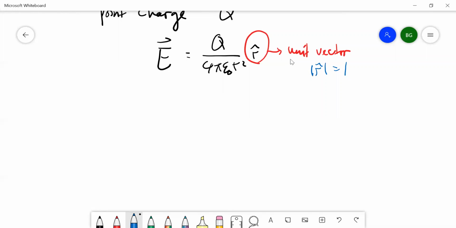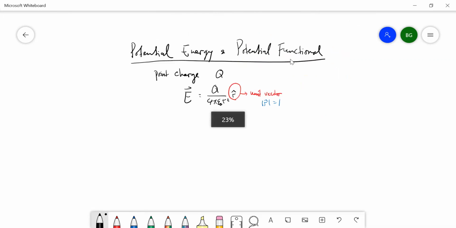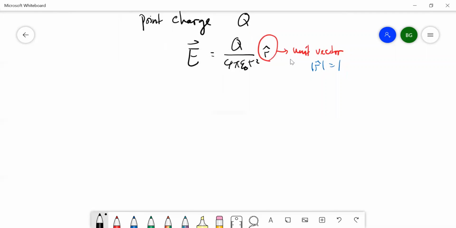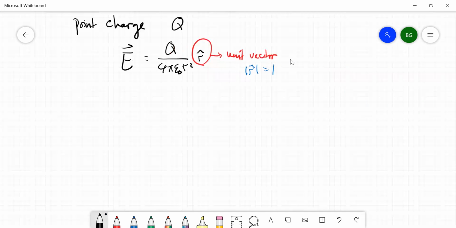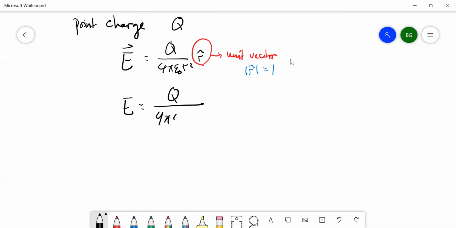Okay, so this electric charge, we could introduce it, for example, let's say the magnitude here. The magnitude is Q. So this could be expressed as Q over 4 pi epsilon 0 r.